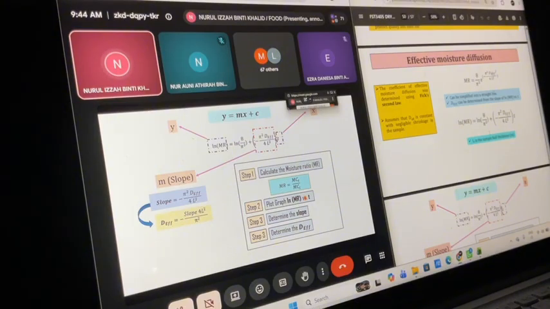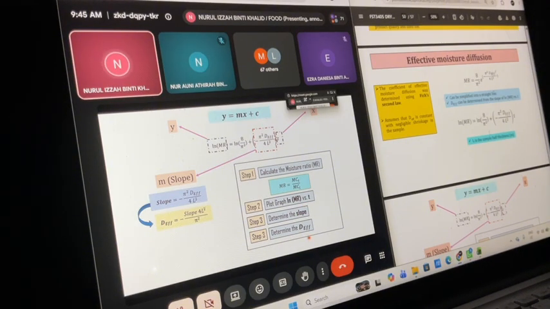First, you have to calculate the moisture ratio. Remember that I taught you this in the second example: the moisture ratio is the moisture content at different times divided by the moisture content at initial. Then you have to plot the graph of ln MR versus t and determine the slope.